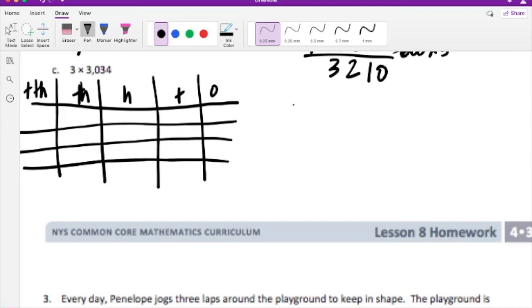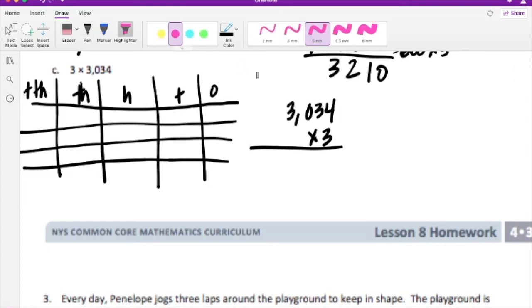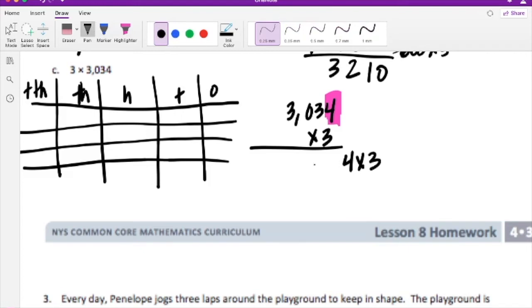I'm going to set up the problem vertically. Okay, let's start with the ones. 4 ones times 3, that's 4 times 3, that equals 12. 2 ones.